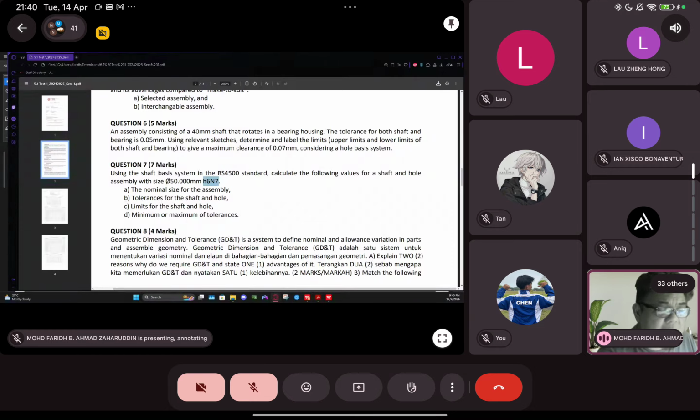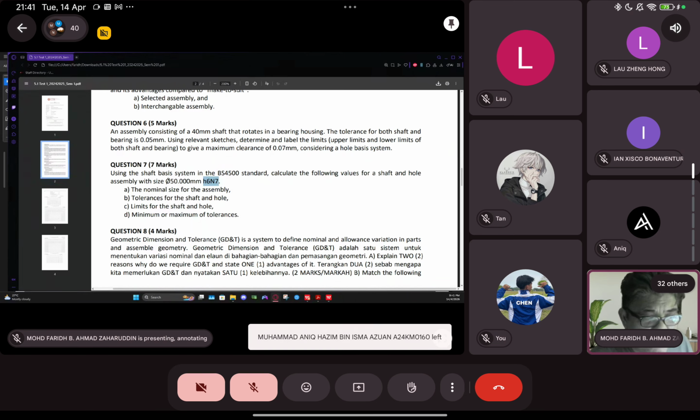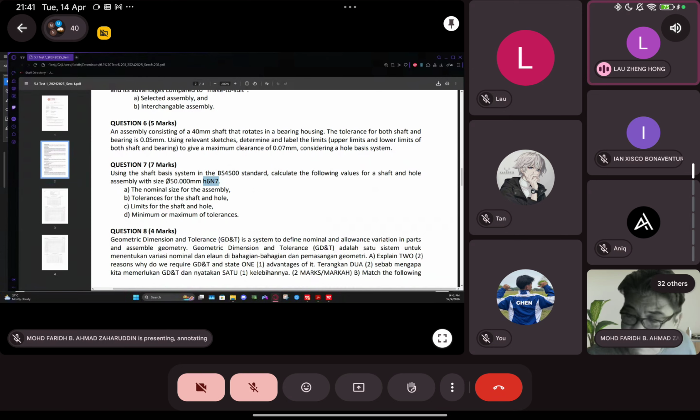Okay. What is the nominal size? The nominal size is, anyone? 50. Okay, 50 mm. And what is the upper limit of shaft? What is the maximum upper limit of shaft? 50 also. 50 is the upper limit of shaft, yes.